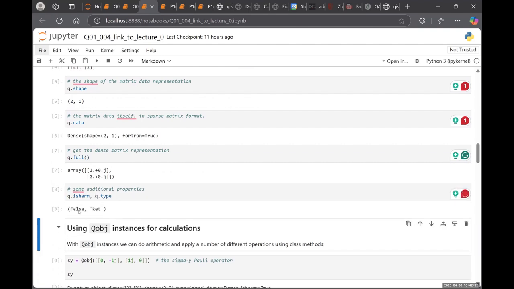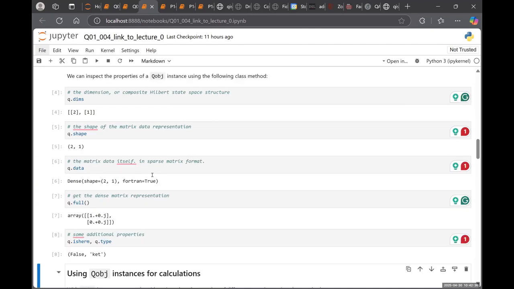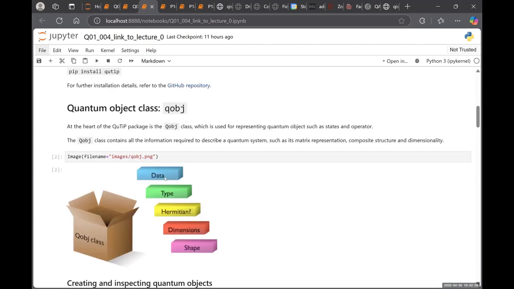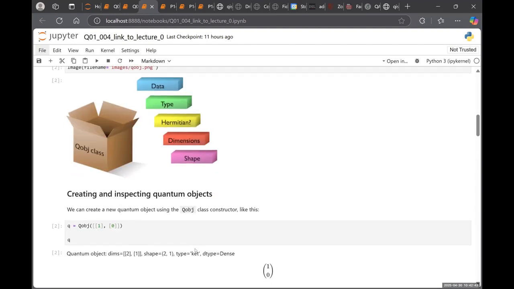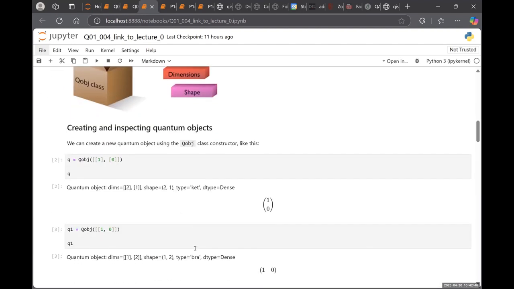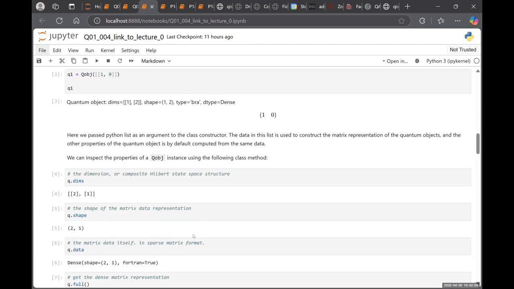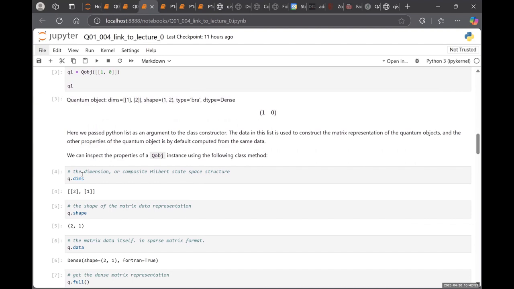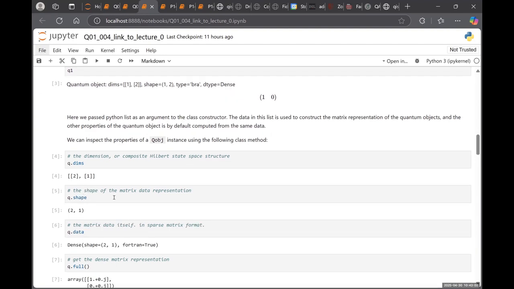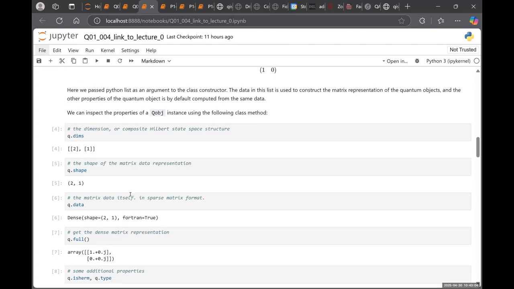Is this Hermitian? It's not. The type is ket. Okay, so this is basically illustrated. There's a data type, the dimension, and shape. Dimensions and shape are similar, but the dimension, they say, is a composite Hilbert space structure. And the shape is more on the matrix, the data representation.